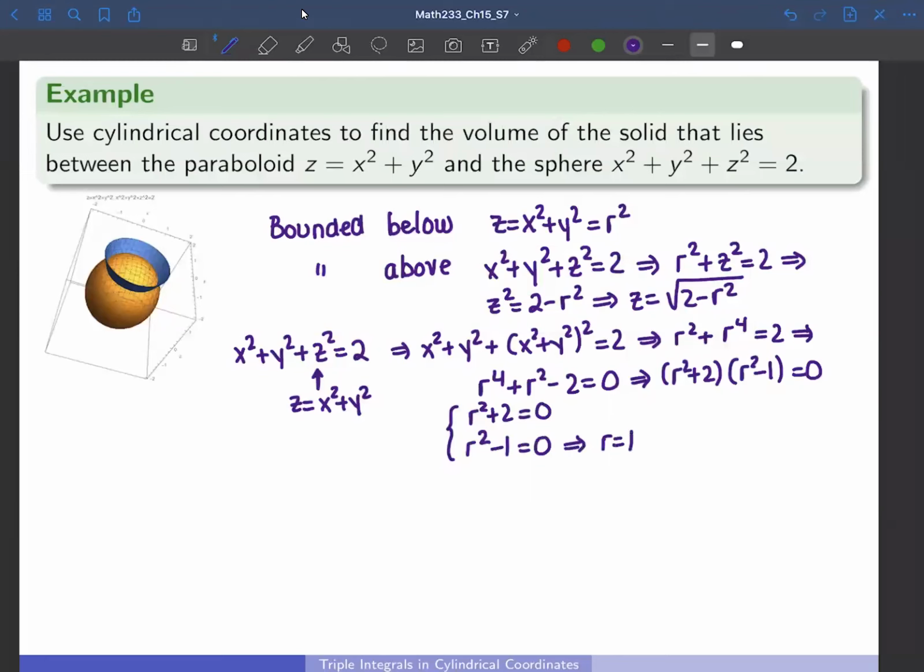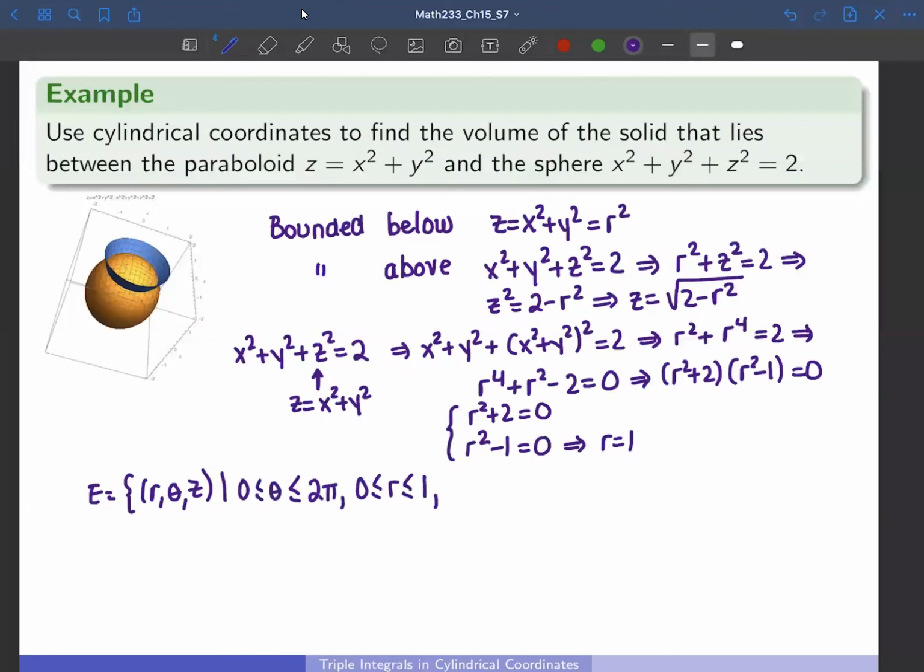And therefore, the region of integration E will be the set of all points (r, theta, z) such that, since we work with a whole volume that lies in all octants, 0 is less than or equal to theta less than or equal to 2 pi, and also 0 is less than or equal to r less than or equal to 1.